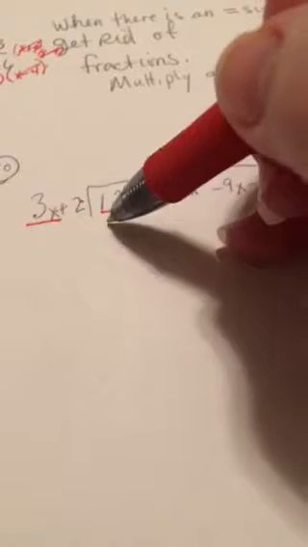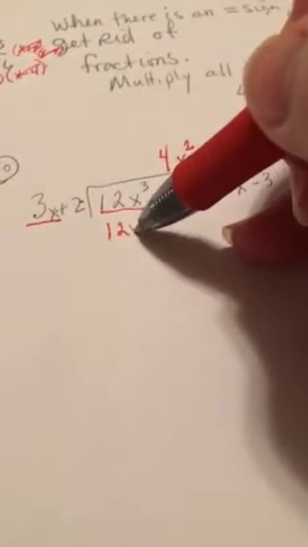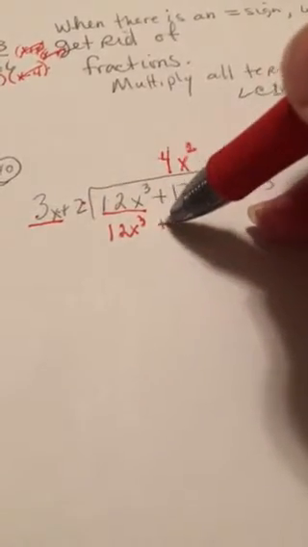Now, once it's there, we're going to have to multiply 4x squared times both things. So 4x squared times 3x is 12x to the 3rd. And then 4x squared times 2 is a positive 8x squared.